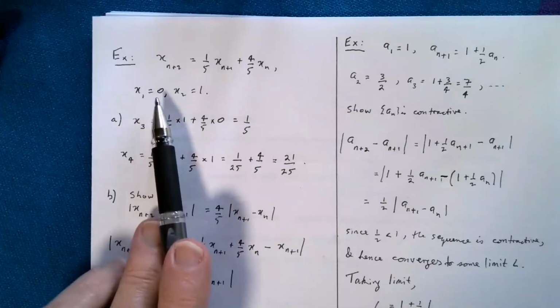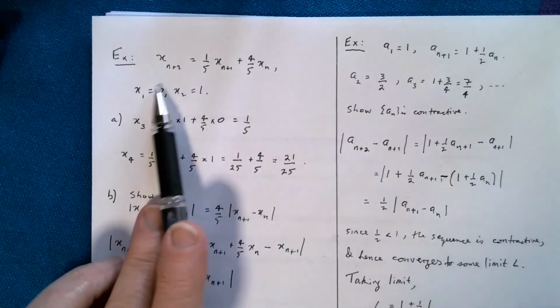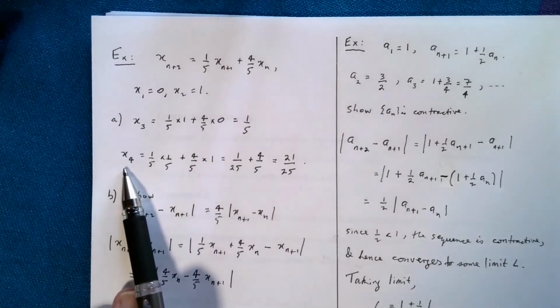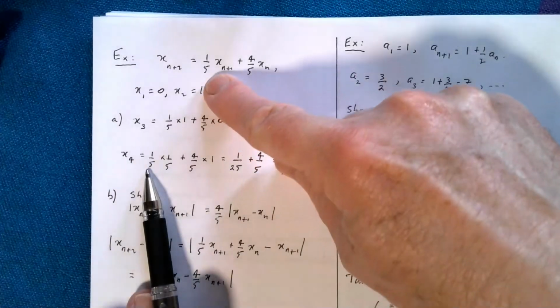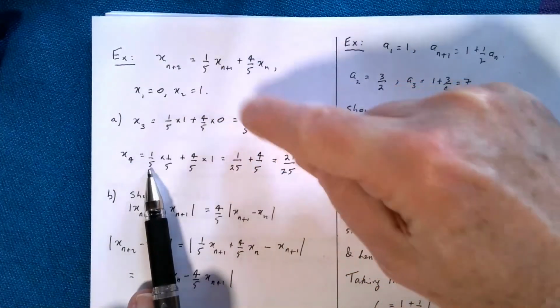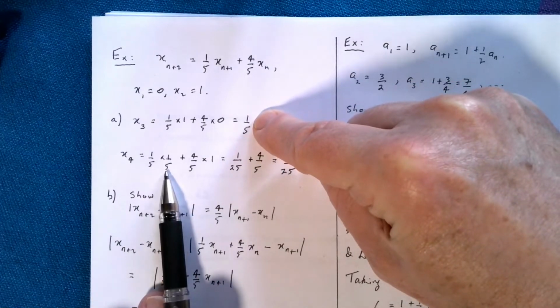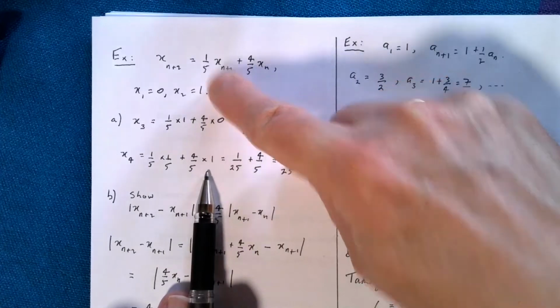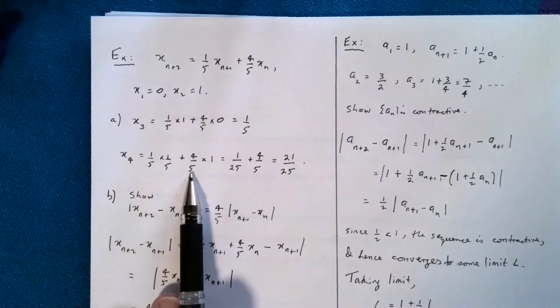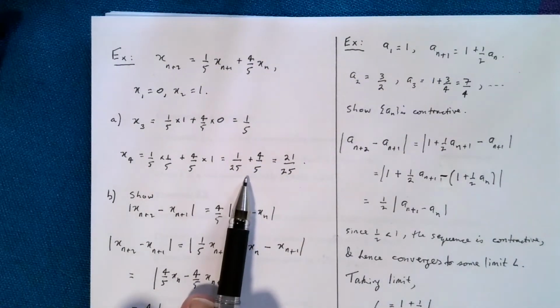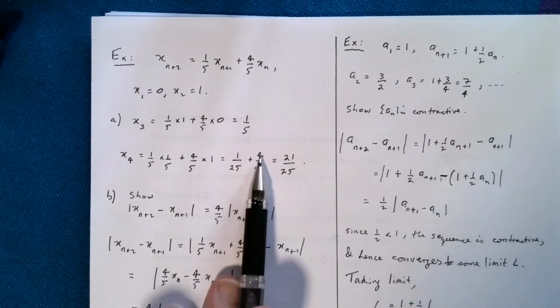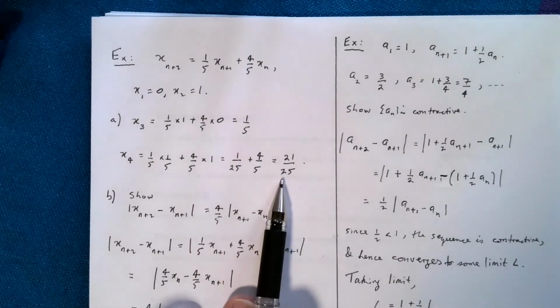Notice the sequence is not monotone. It's going 0 up to 1 and then back to 1/5. The next term, well, again, you go back to the recurrence. It's 1/5 times the term before that one plus 4/5 times the term before that one. So that's 1 on 25 plus 4 on 25, and if you multiply it by 5, you get 21 on 25.